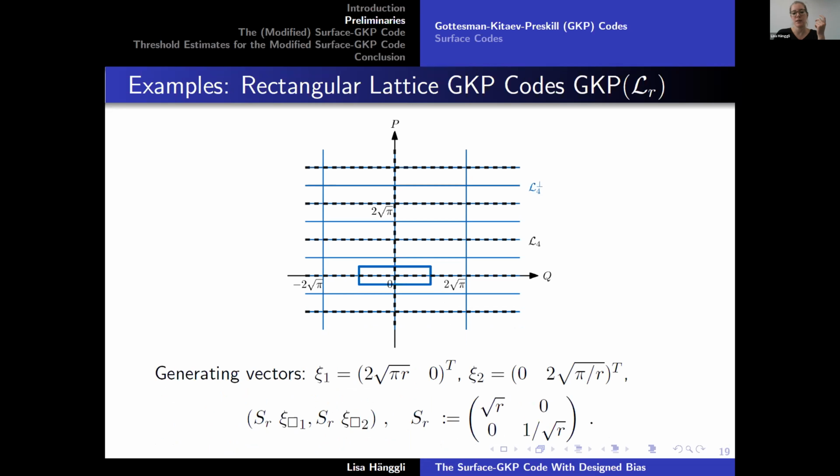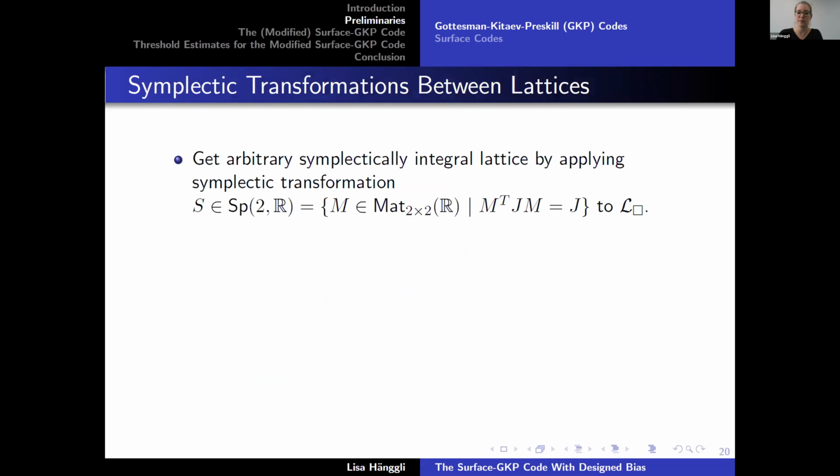This is just by definition of a symplectic matrix. And this means that whenever we apply a symplectic transformation, we end up with another GKP code. One can even show that we can get all symplectically integral lattices by starting with the square lattice and then just applying symplectic transformations.